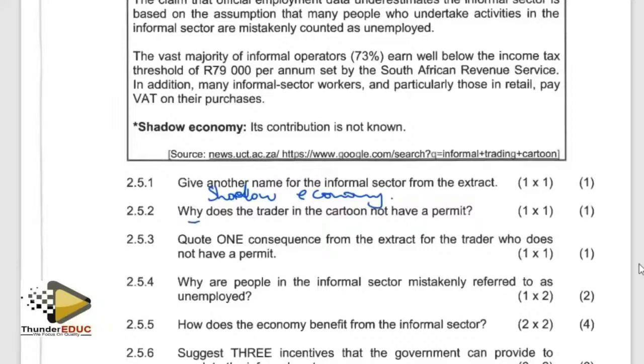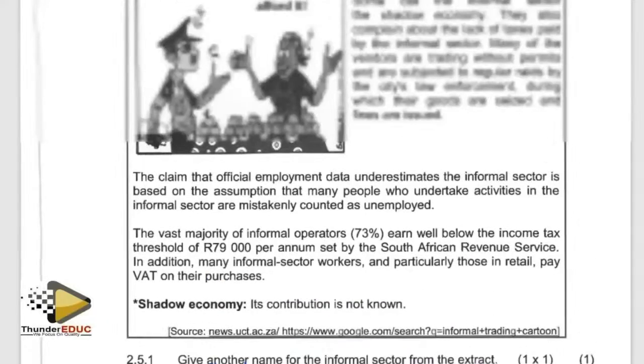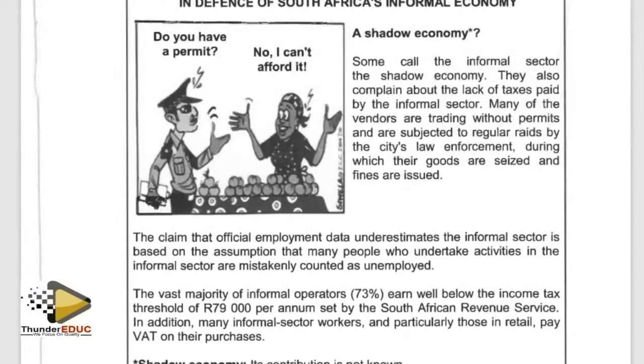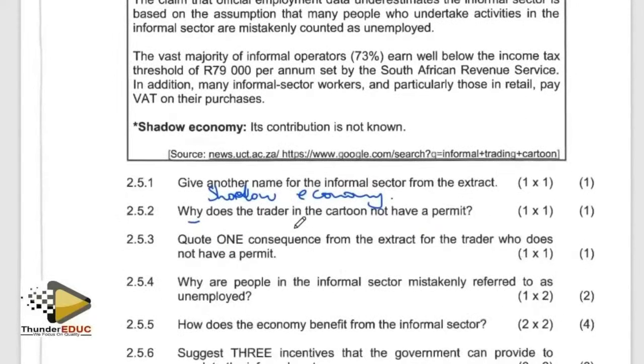Why do they not have a permit? She doesn't have a permit because, according to her in the extract, she says, no, I can't afford it. So if she can't afford it, that's why she doesn't have one. So the question is, why is she not having a permit? She's not having a permit because she can't afford it.